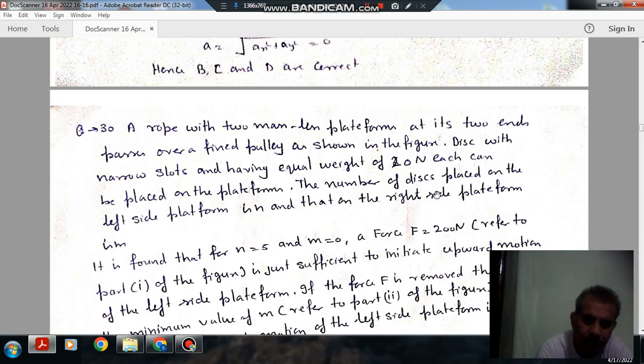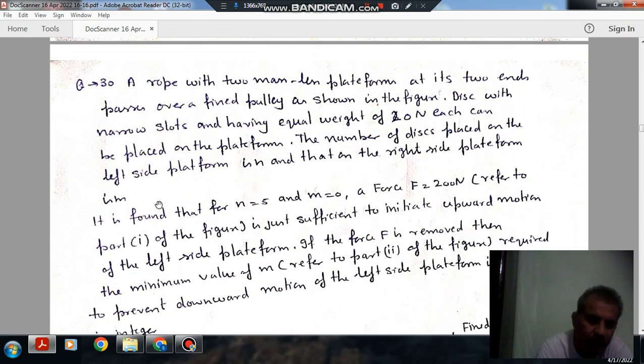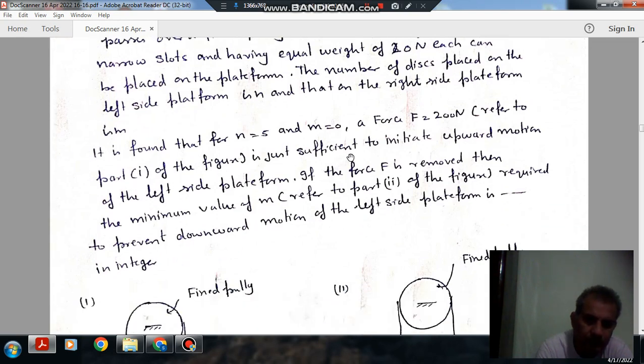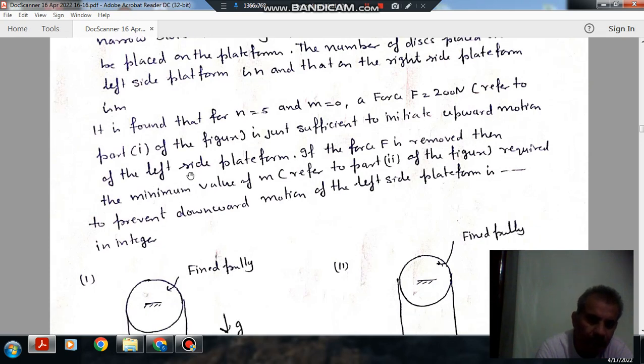The number of discs placed on the left side platform is n and that on the right side platform is m. It is found that for n equal to 5 and m equal to 0, a force F equal to 200 Newton, refer to part 1 of the figure, is just sufficient to initiate upward motion of the left side platform.